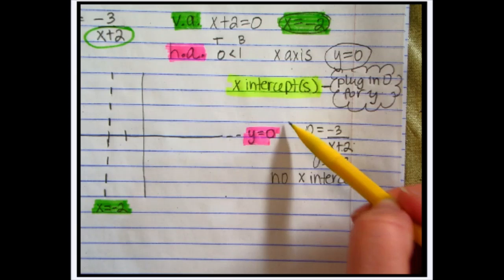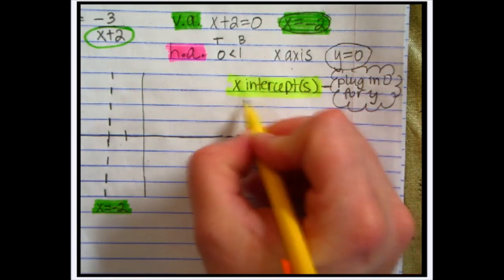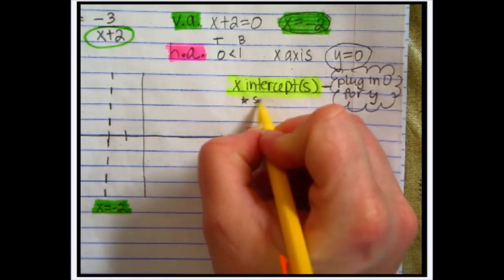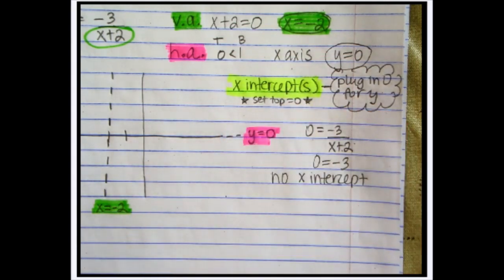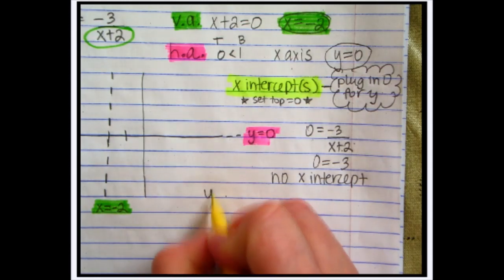So for a shortcut for an x-intercept, you can just set the top equal to 0. And it's okay if you forget that, but that is one of those quicker methods if you can remember it.